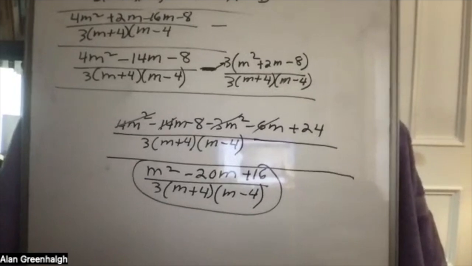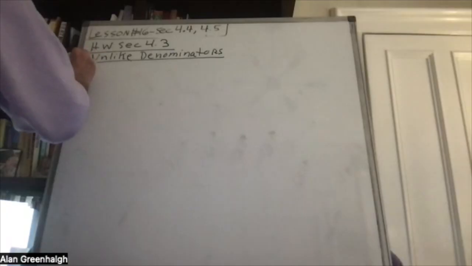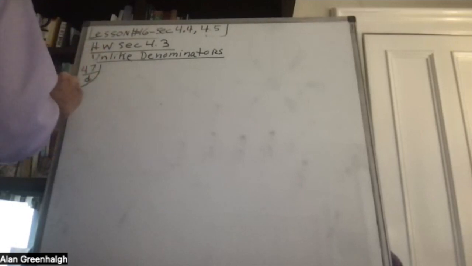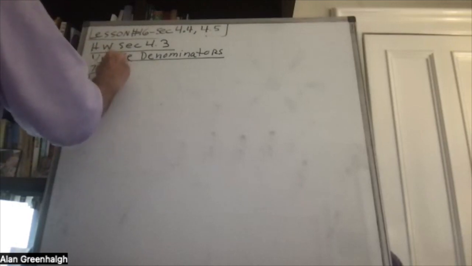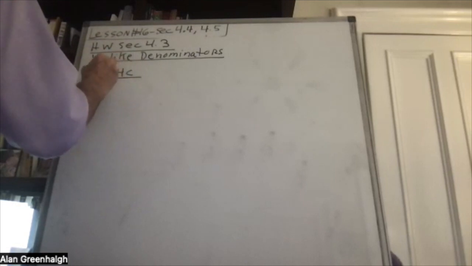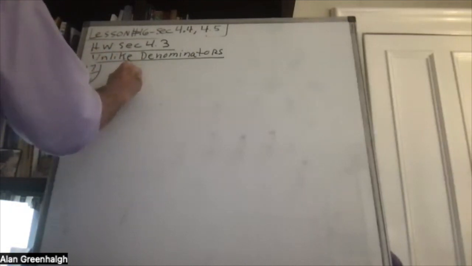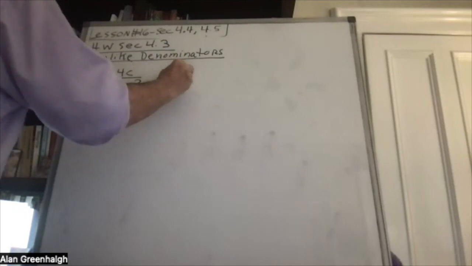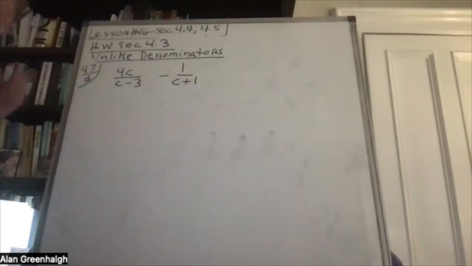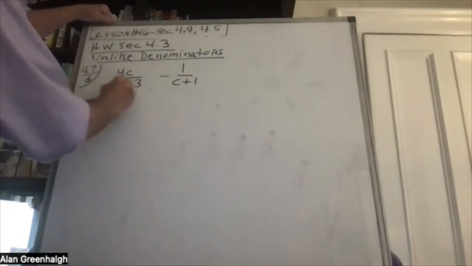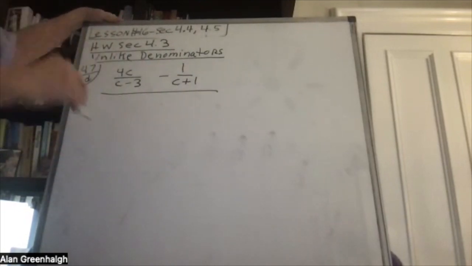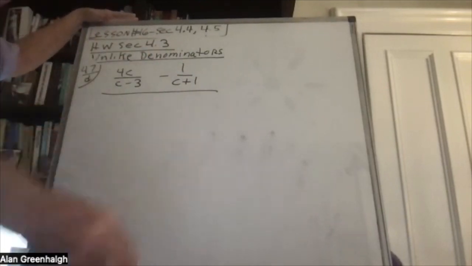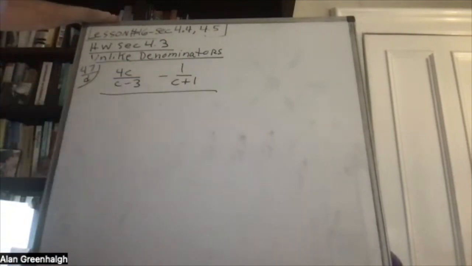Here's page 47, problem D. This problem is 4c over c minus 3 minus 1 over c plus 1. They don't have to always work out perfectly. You'd like everything to cancel out, but sometimes it doesn't do that.